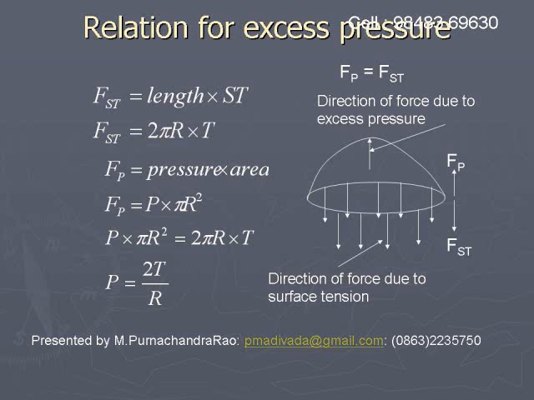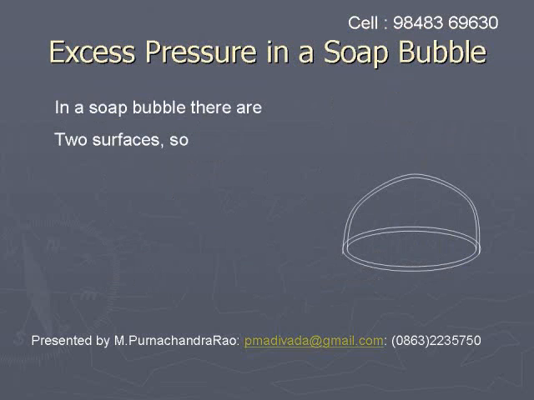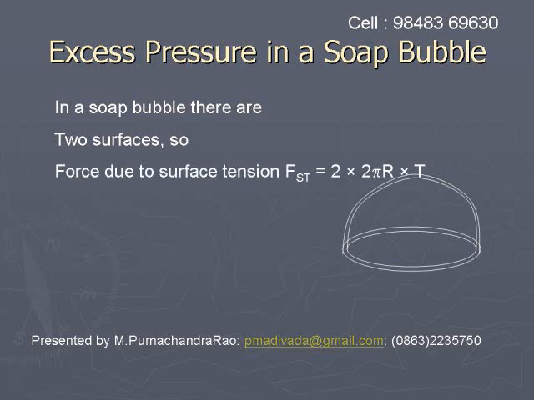Relation for excess pressure in a soap bubble. In a soap bubble, there are two surfaces. So, force due to surface tension is equal to 2 into 2 pi r into T, that is 4 pi r T. Force due to excess pressure remains the same, P into pi r square.